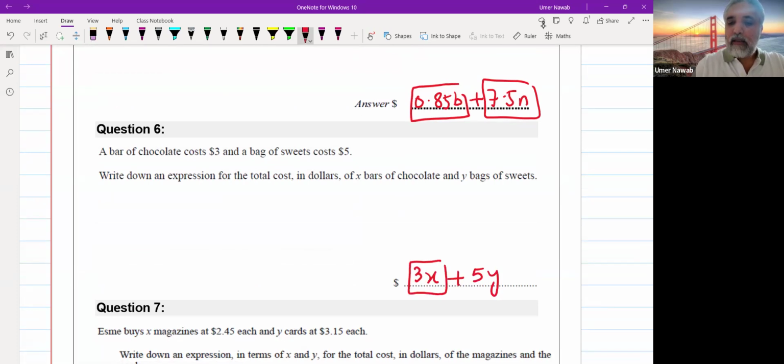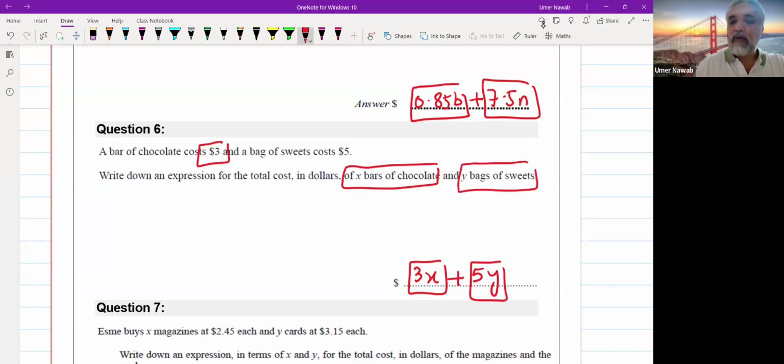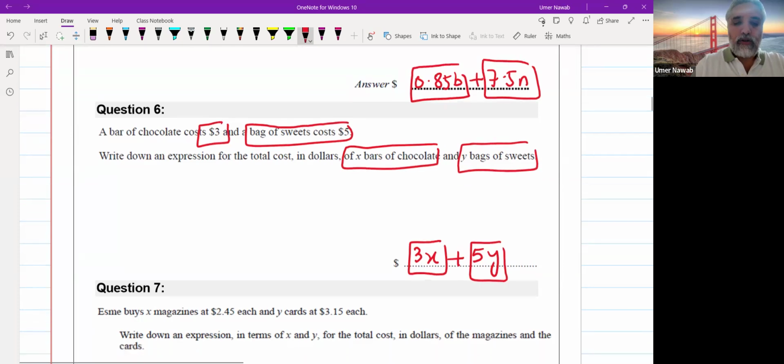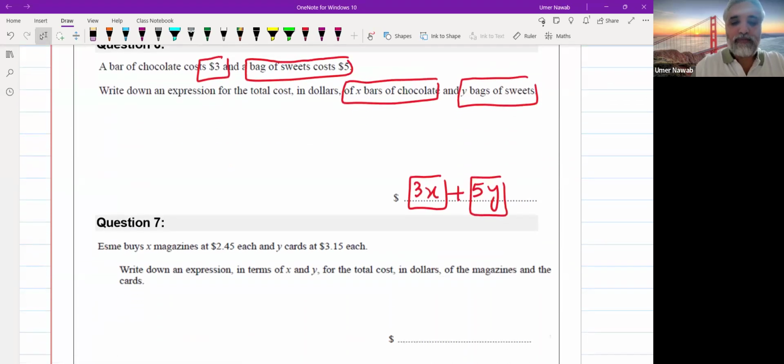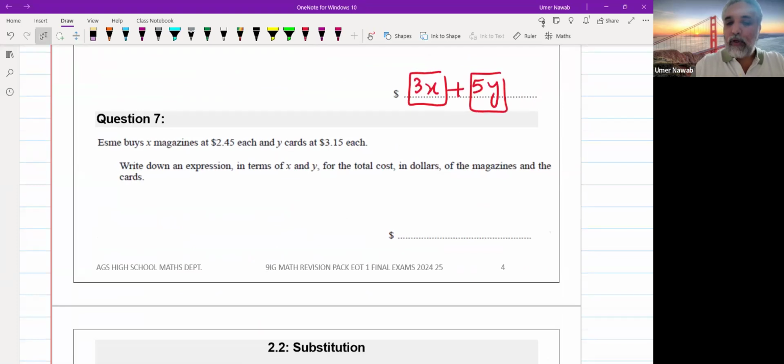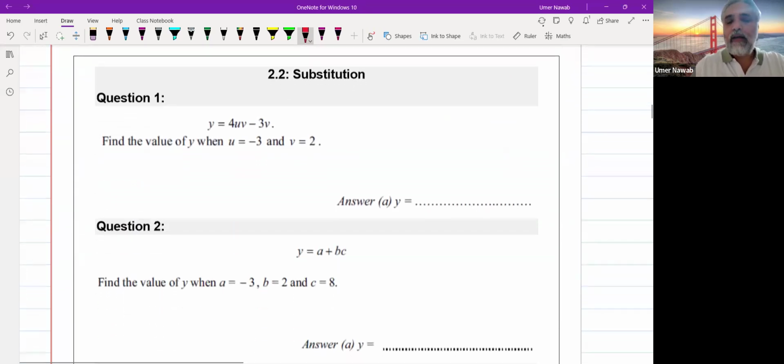So 3x is the price of X bars of chocolate, and 5y is the price of Y bags of sweets. The price of one bag and one bar of chocolate is already given. We need to multiply with the number of items we are going to buy for each quantity or item. Next is 2.45x plus 3.15y. I'm not going to repeat it because this is the same idea.